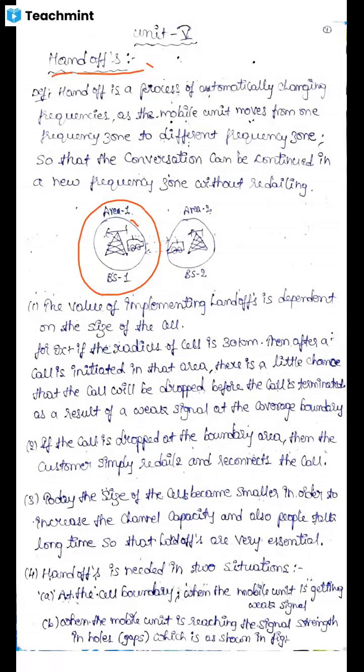This mobile unit is moving from base station 1 to base station 2. So when this mobile unit crosses base station 1 and has entered base station 2, this mobile unit is disconnected.